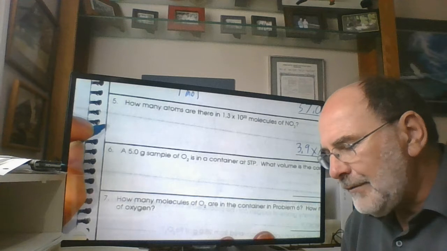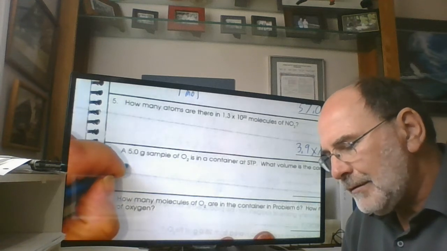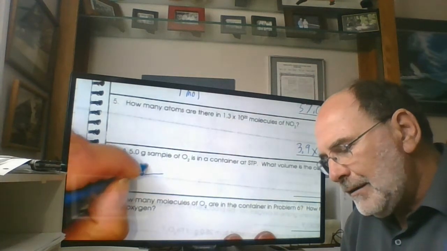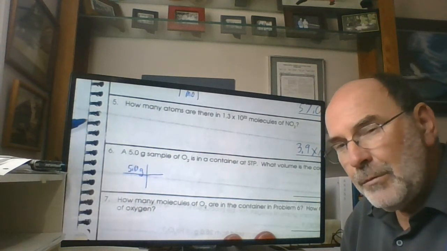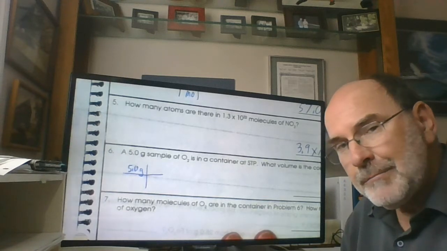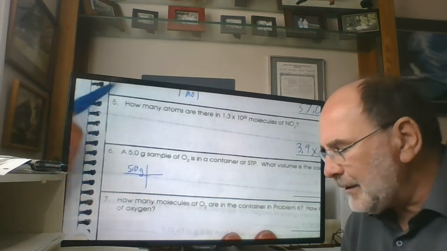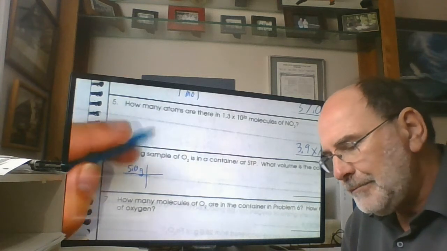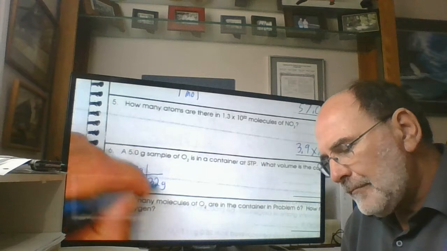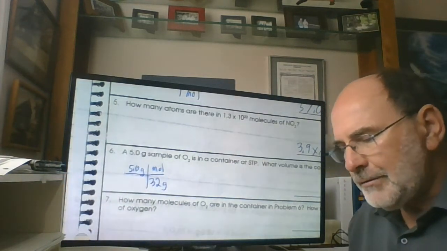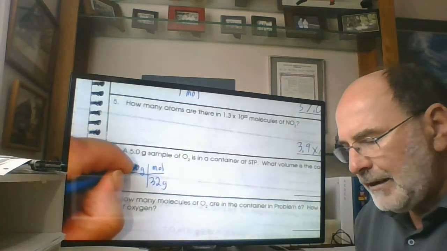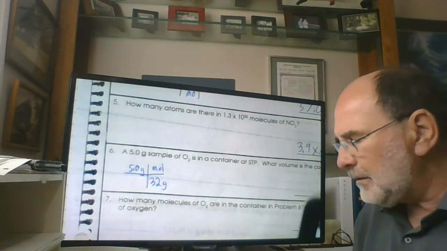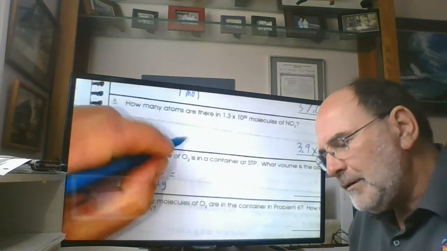So 5 grams of O2. So 5 grams times the number of moles divided by the number of grams in a mole of oxygen. So oxygen, I'm just going to call it 16. So 2 oxygens is 32. So for every 32 grams I have of oxygen, I have 1 mole of oxygen. So 5 divided by 32, Julia would say, doop, doop, doop, beep, beep, beep.